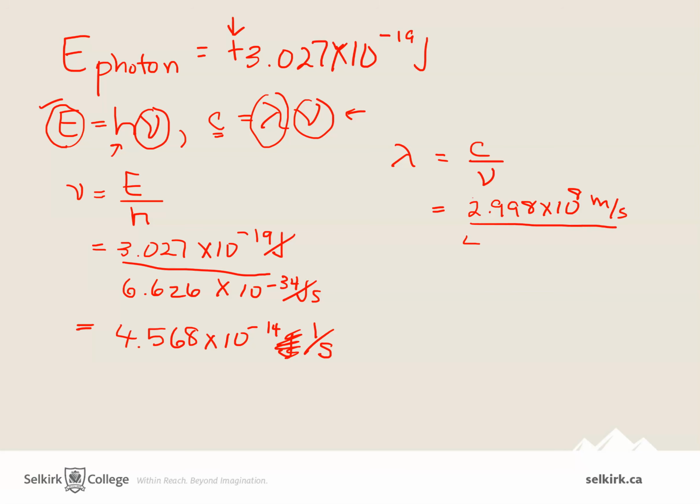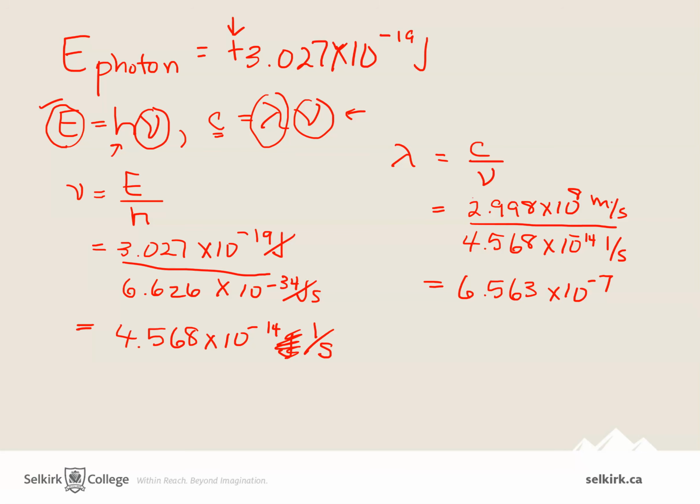And here comes the frequency, which I saved in my calculator memory so that I don't get round off error. All right, put that in my calculator. I get 6.563 times 10 to the negative 7, and I better be more careful with my units now.